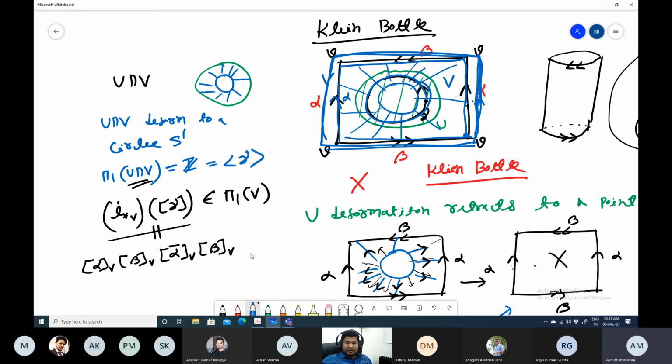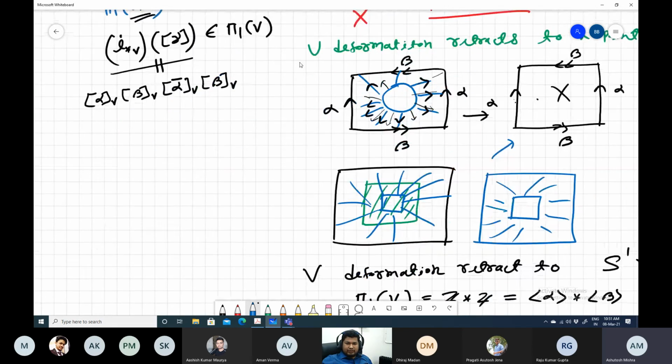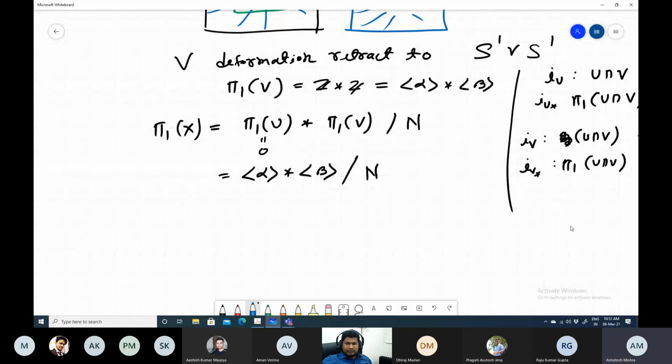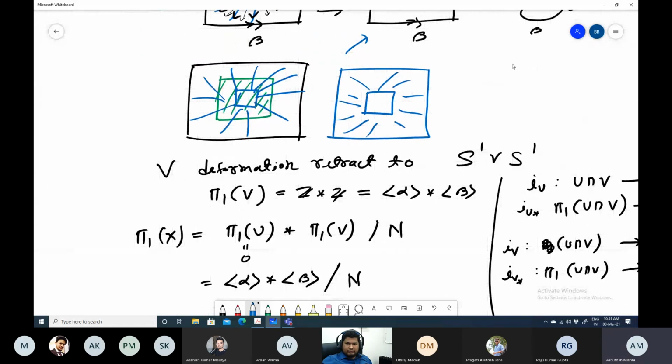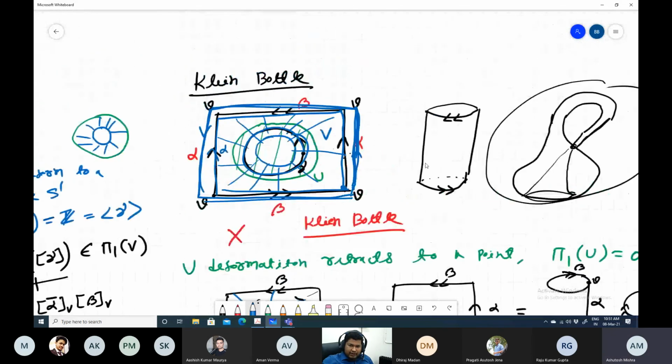So this is your region. Start from anywhere. You can start from here as well. You can start from any vertex. You can go from this to this first, then alpha, beta, alpha inverse, beta inverse, and then you can go back here as well.